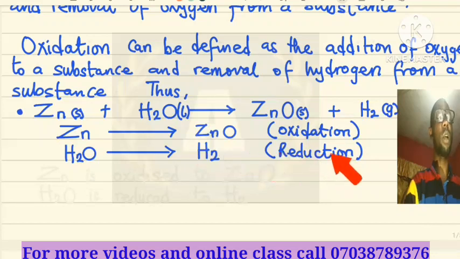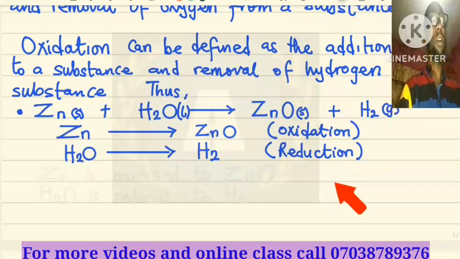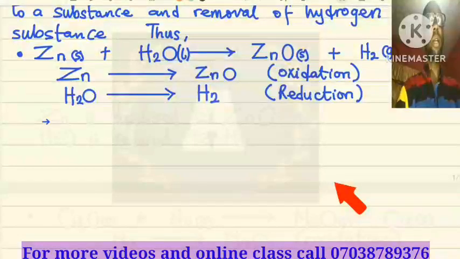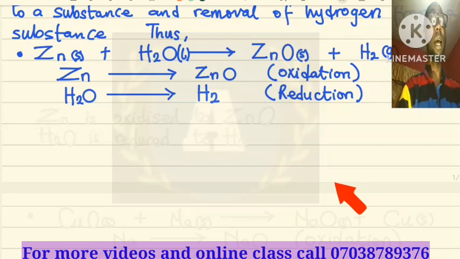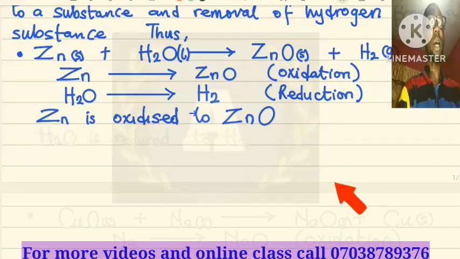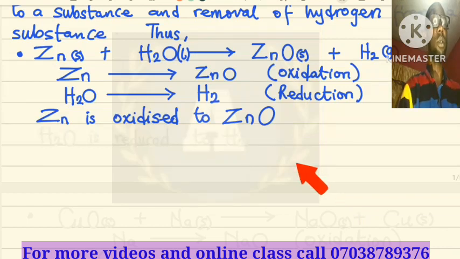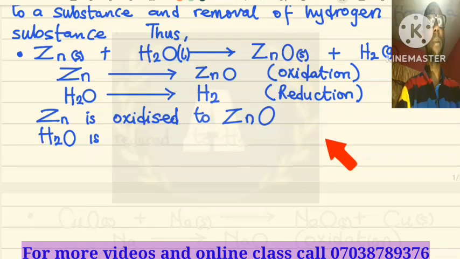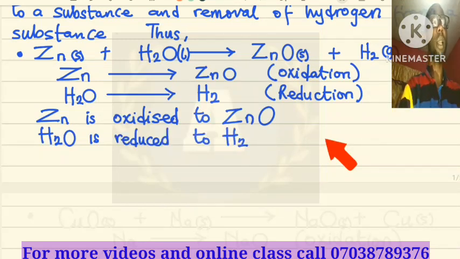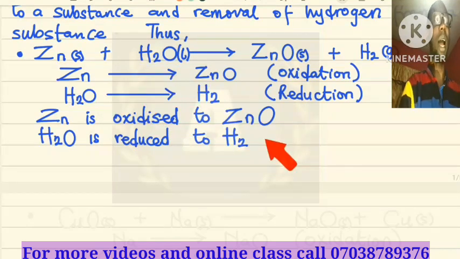So from here we can say that zinc is oxidized to zinc oxide, and that water, H2O, is reduced to hydrogen.